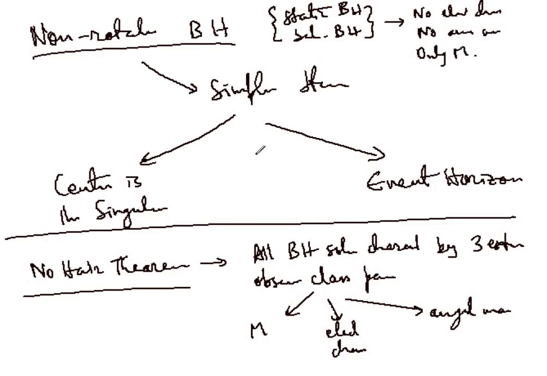So as I have been saying, this is characterized by a singularity at the center, a mass m, and a Schwarzschild radius. That's all that is needed to characterize this Schwarzschild black hole.